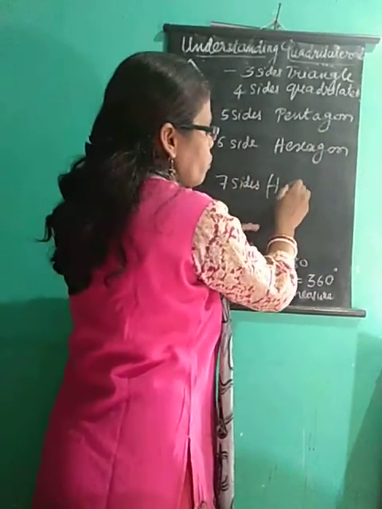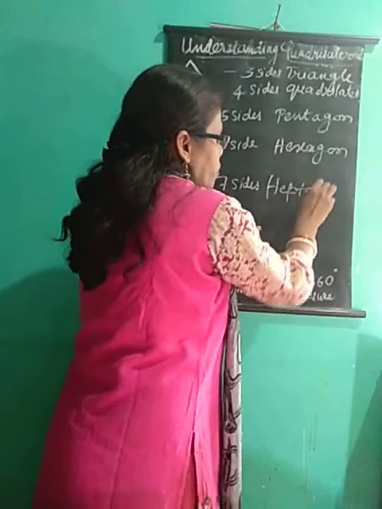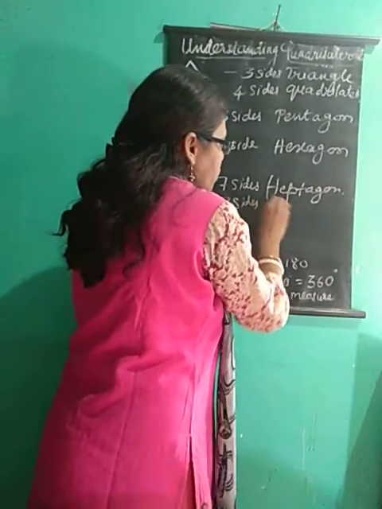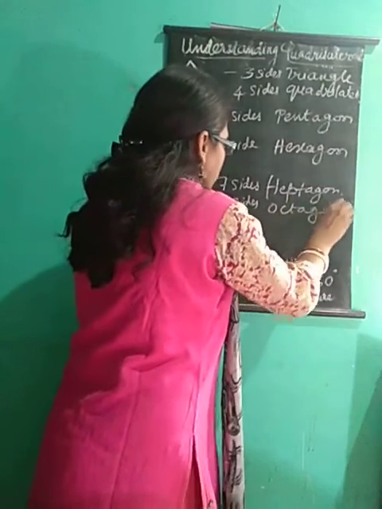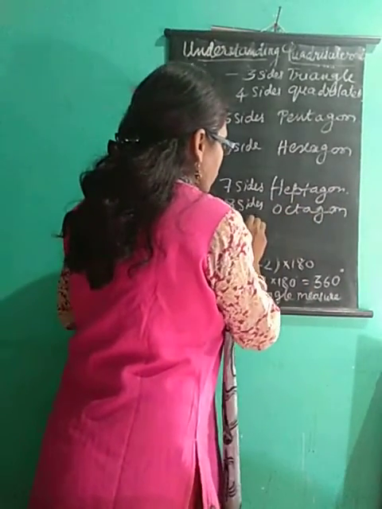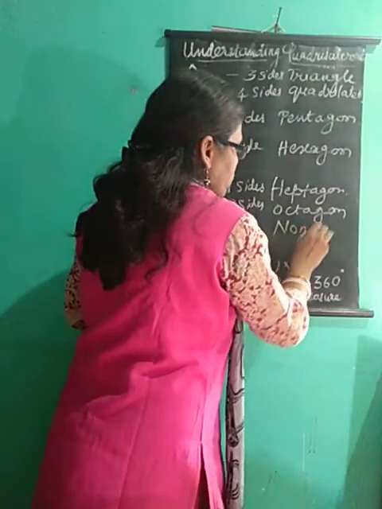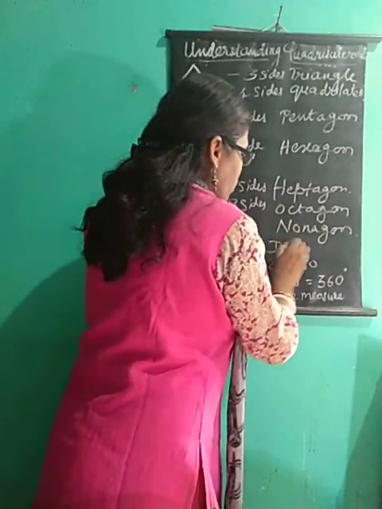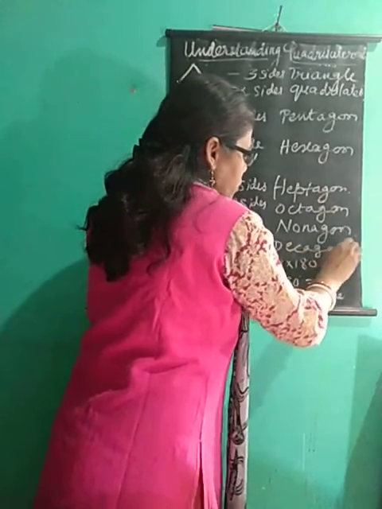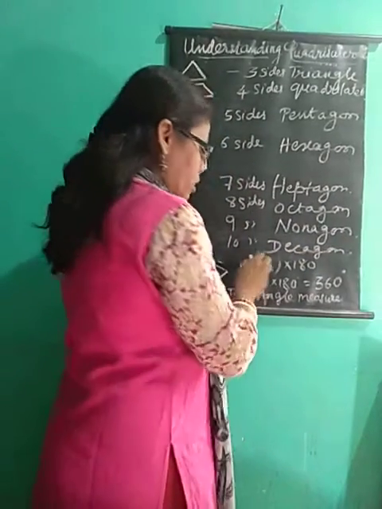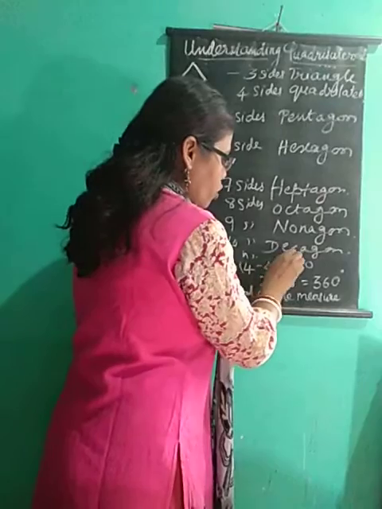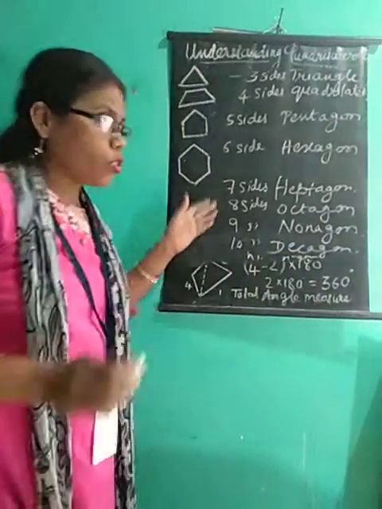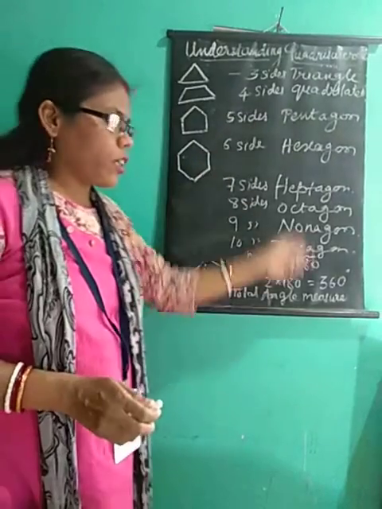You can draw the figure from the textbook. 8 sides, it is an octagon. 9 sides, it is a nonagon. 10 sides, it is a decagon. And simply it will increase, but if it is n sides, it is an n-gon, whatever it is.